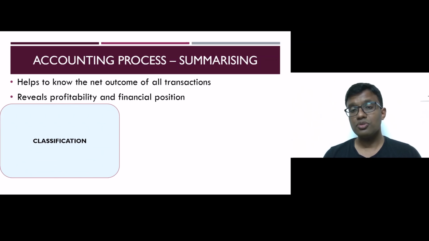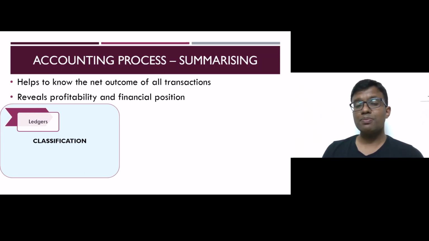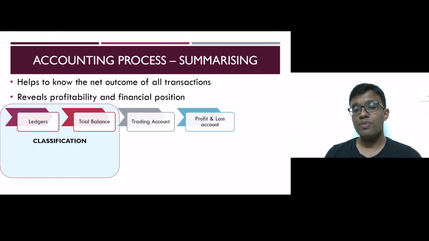Now, for us to summarize transactions, we require a statement which is called trial balance. Trial balance is prepared after classifying transactions at the end of the financial year with the help of ledgers. With the help of trial balance, a business would go in for preparing the final accounts, which comprise the trading account, profit and loss account, and then balance sheet.